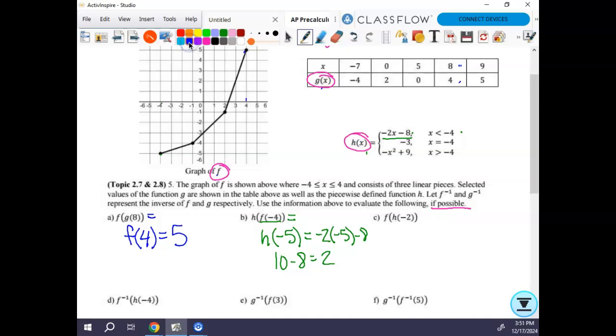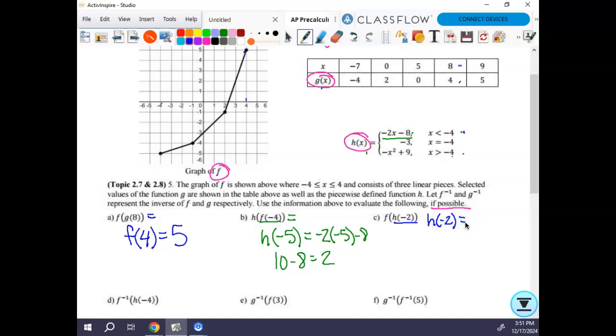All right. So then I want f of h of -2. So that means I first need to find h of -2, and so I've got to figure out which one this goes into. I haven't been writing it out like this, but I'm going to write h of -2.